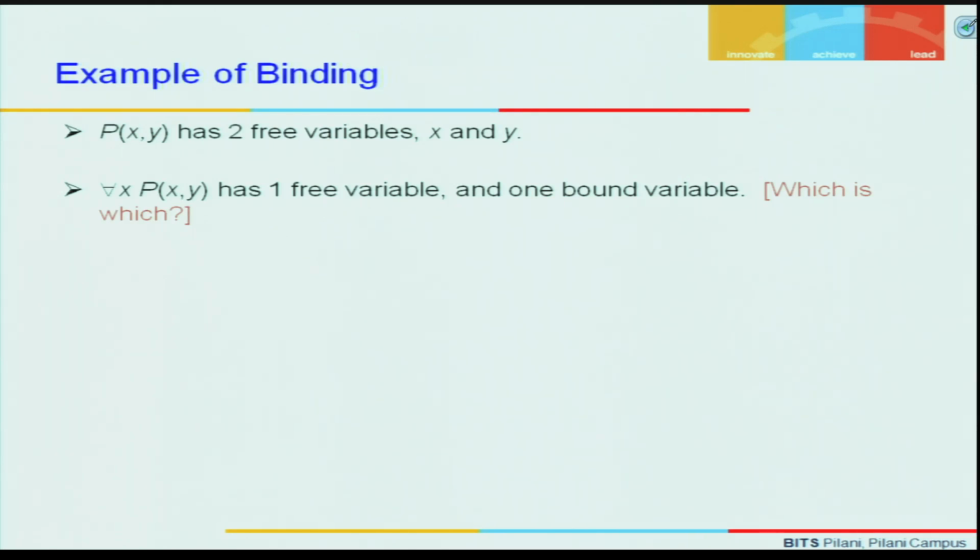And if I say for all x P(x,y), how many free variables and how many bound variables does it have? Obviously it has one free variable and one bound variable. Because for x there is a quantifier working on it, it becomes a bound variable, and there is no quantifier working on y, hence y remains a free variable.